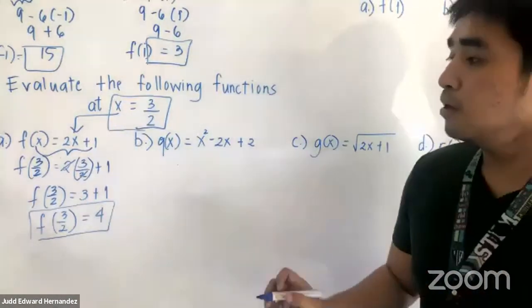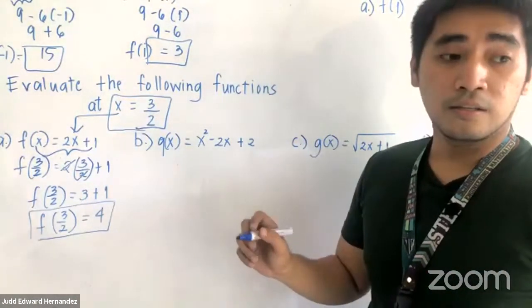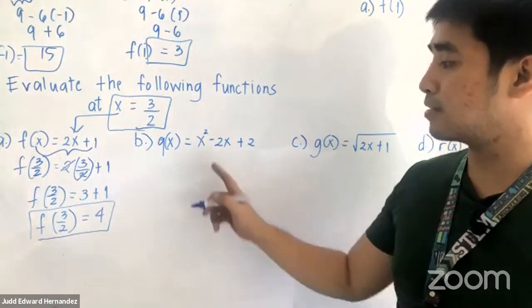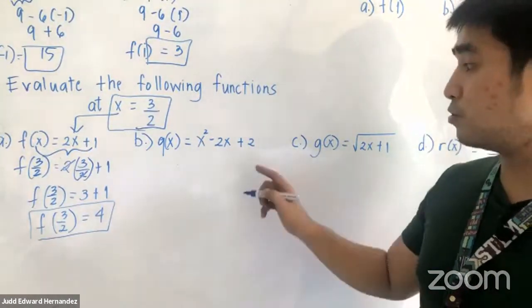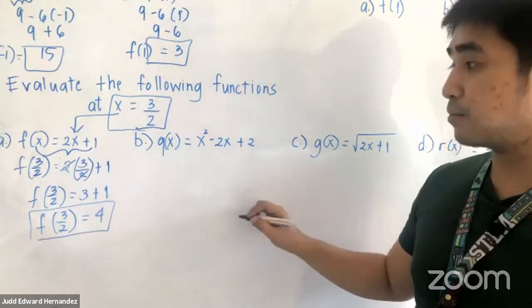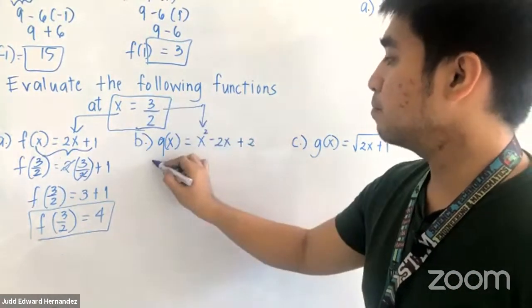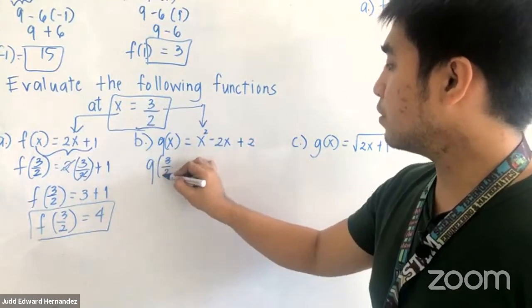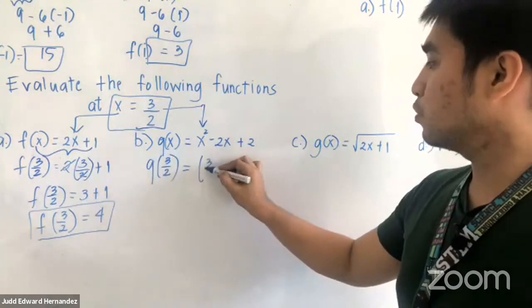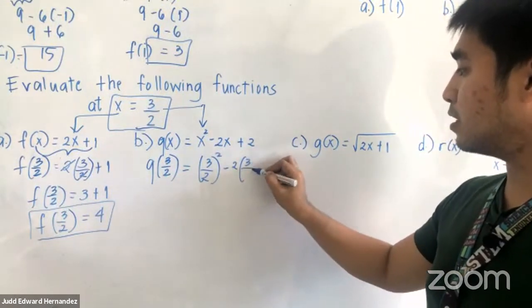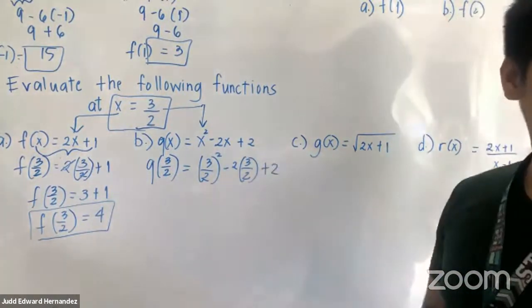Next one, we're now given the function q of x. We're given q of x equal to x squared minus 2x plus 2. Remember that the value of x is 3 over 2. Therefore, q of 3 over 2 is equal to 3 over 2 squared minus 2 times 3 over 2, plus 2.